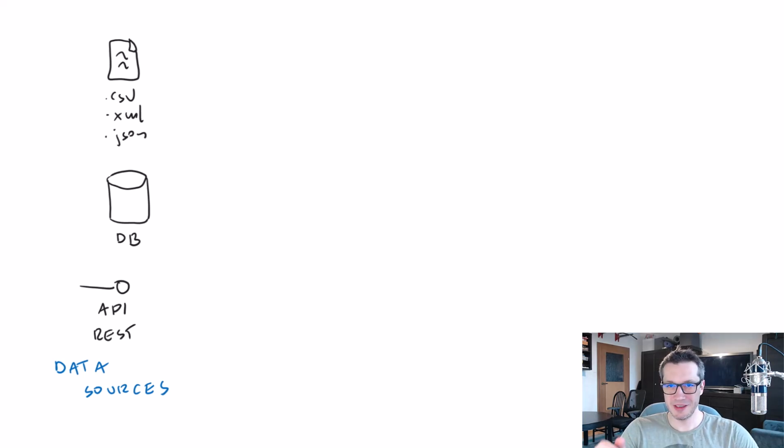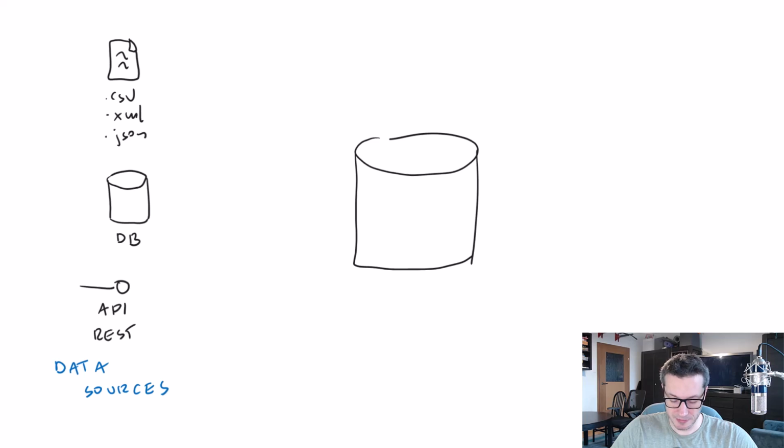And this somewhere, in many cases, is a data lake. So let's add a data lake to our diagram. So this is a big data lake, ADLS Gen 2. And we know that to provision a data lake, we have to create a storage account that has this hierarchical namespaces checkbox enabled.